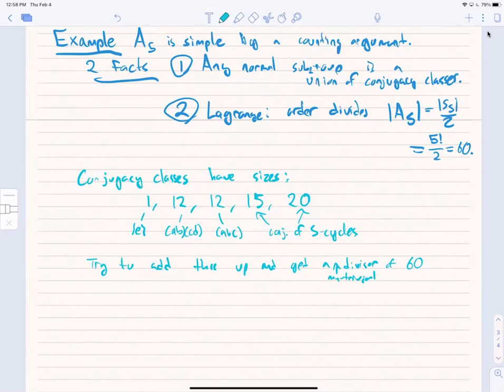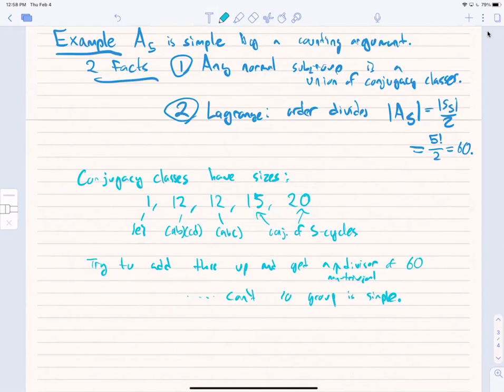It certainly cuts down the number of computations you have to do to show a group is simple. And in this case, you can really finish and show that you can't do this, so the group is simple. If you can't add these together to get a proper divisor of 60, then there's no way you can get a normal subgroup. And if you can add them together to get a divisor of 60, that doesn't mean those form a normal subgroup because they might not be a subgroup.